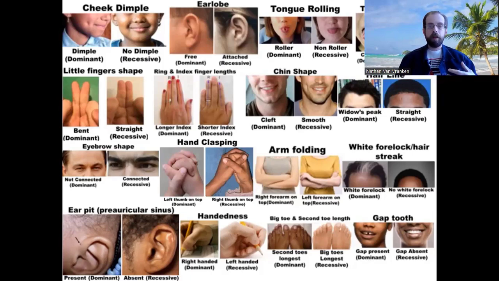For example, here is a variety of different traits that are expressed in the soft tissue anatomy of humans, or even behavioral anatomy. We can look at the dimples on people's cheeks, their earlobes, how their tongue moves, the chin shape, how our hands look, even our hairlines, and if we're left-handed or right-handed.